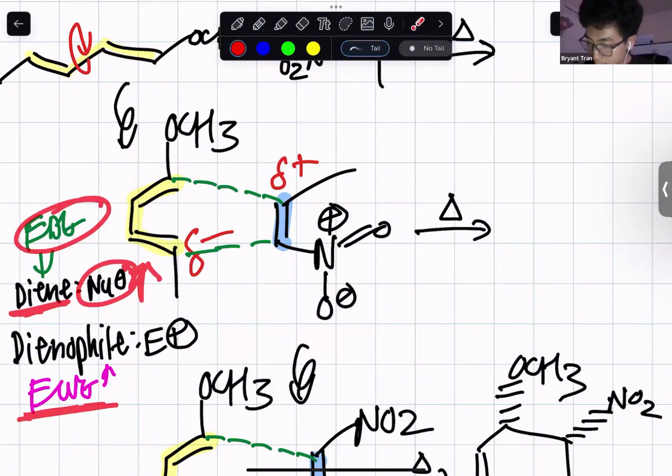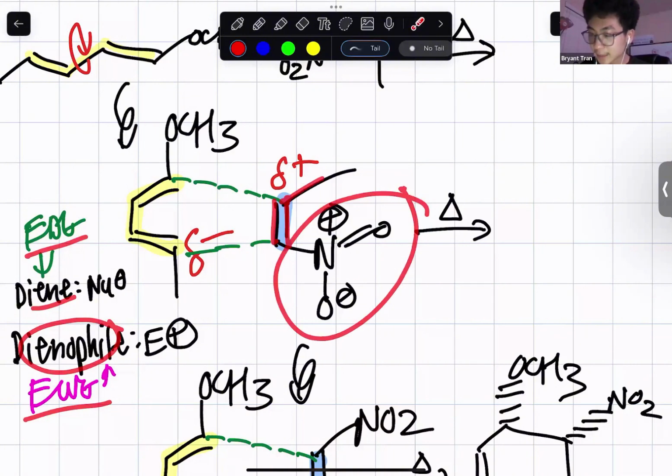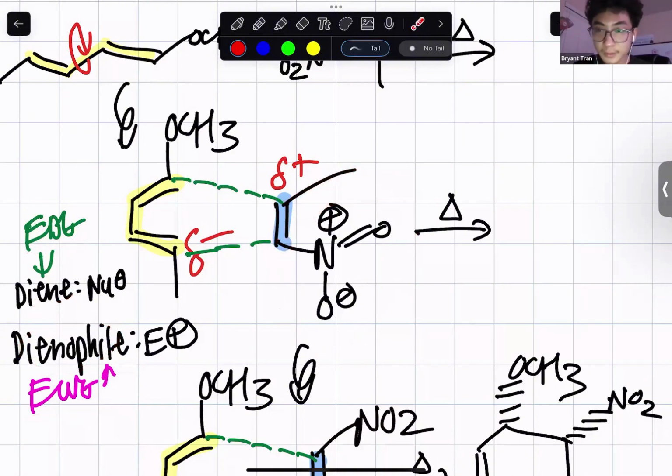The EWG would withdraw electrons from the dienophile, which would make the dienophile more positively charged, a better electrophile, right? So if there's a stronger EDG on the diene, that increases the reaction rate. If there's a stronger EWG on the dienophile, that increases the reaction rate, right? This dienophile here does have a strong EWG, but it can have that weak EDG there as well.